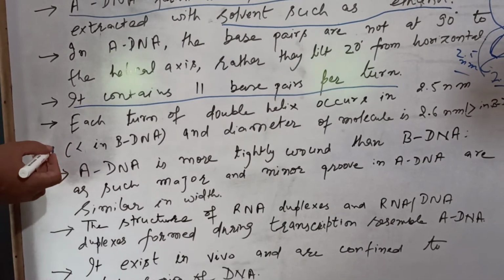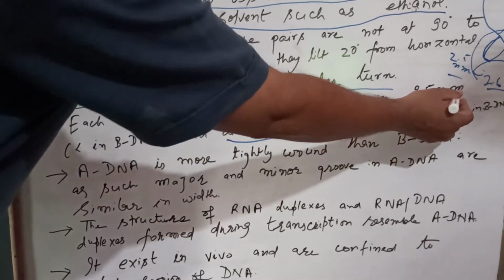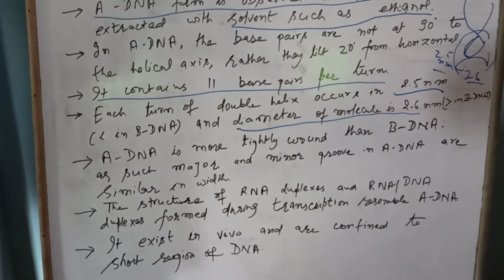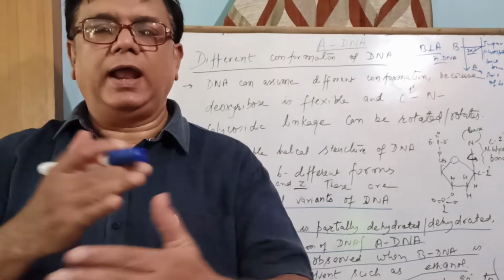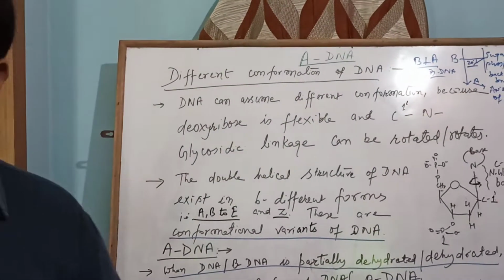Now we have talked about the diameter of 2.6 and the pitch of 2.5. What happens in A-DNA is that the two anti-parallel strands are wound more tightly.